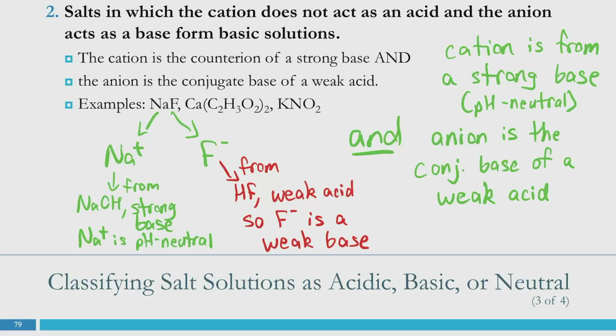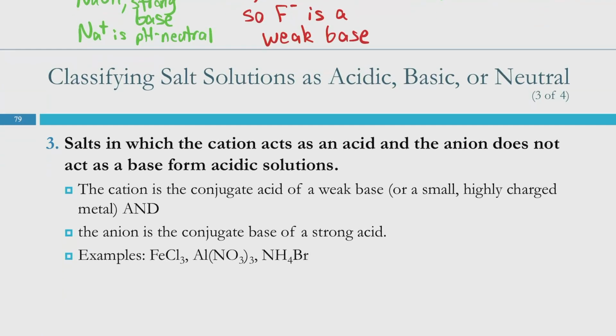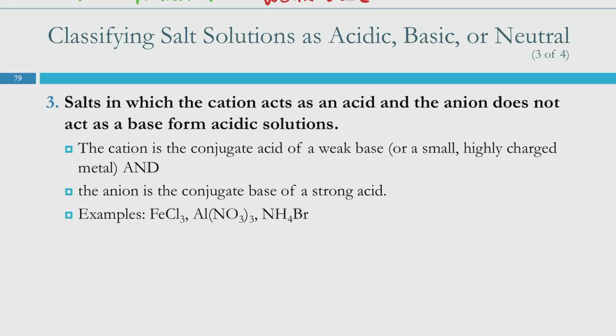So in this situation, since we don't have an acid, because our sodium is pH neutral, but we have a weak base, this would be a basic solution. So we're just comparing the contributions of our two ions. And then we've got the other side of it, so salts in which the cation acts as an acid.